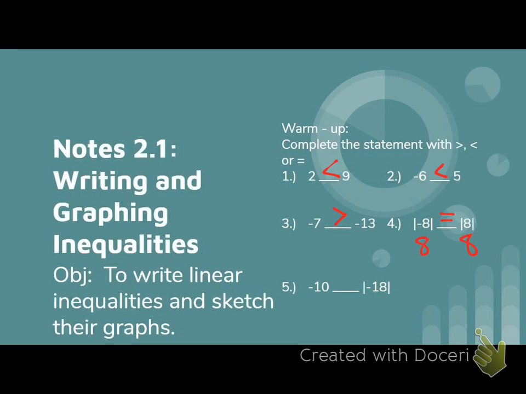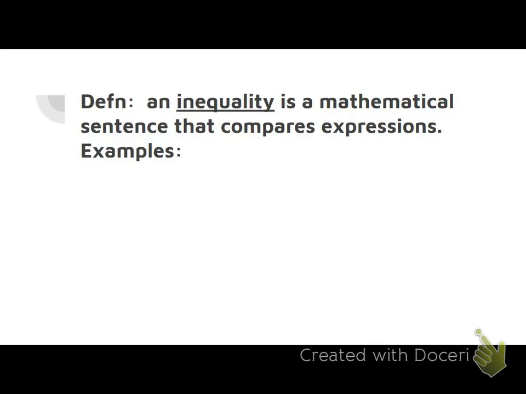Okay, then on number 5 down at the bottom, the absolute value of negative 18 is 18. So negative 10 is less than that absolute value. In our notes, we need that an inequality is a mathematical sentence that compares expressions.